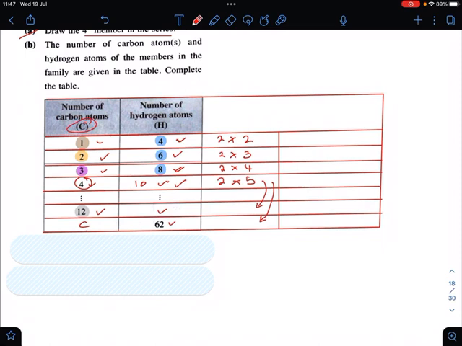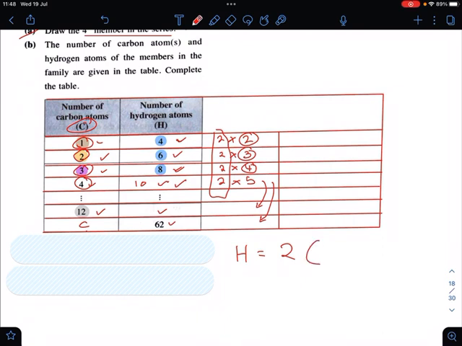You realize that if there is only 1 carbon, you have 2 times 2. If you have 2 carbons, you have 2 times 3. If you have 3 carbons, you have 2 times 4. The 2 is a constant term here. So your general formula for hydrogen will always have the constant 2 there, and you need to multiply by something.